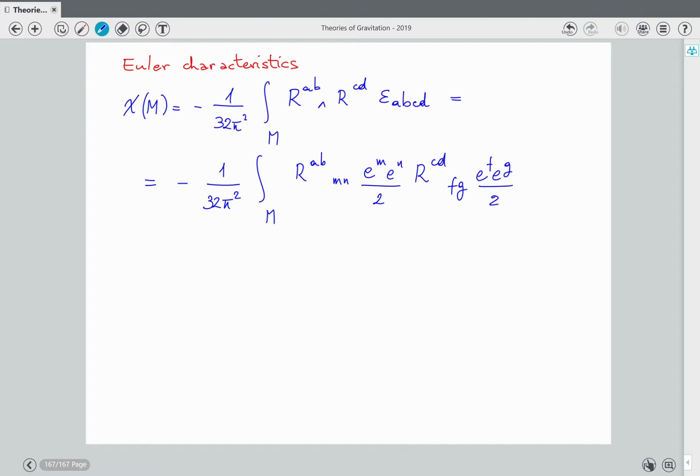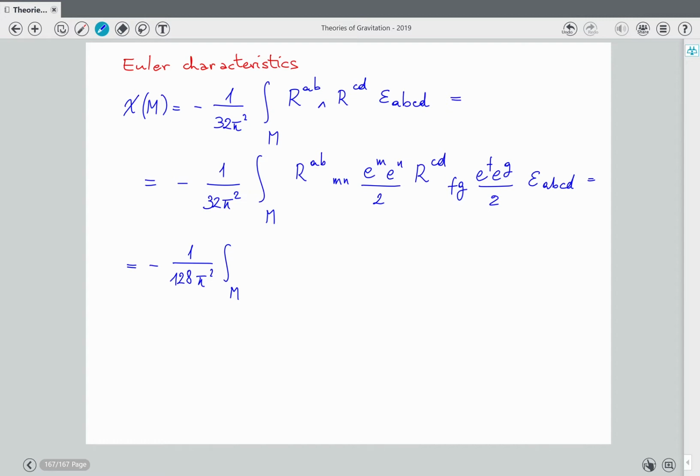And then we will have epsilon ABCD. So we have 1 divided by 128 pi squared, integral on M of what? 4 e's, e^M, e^N, e^F, e^G.